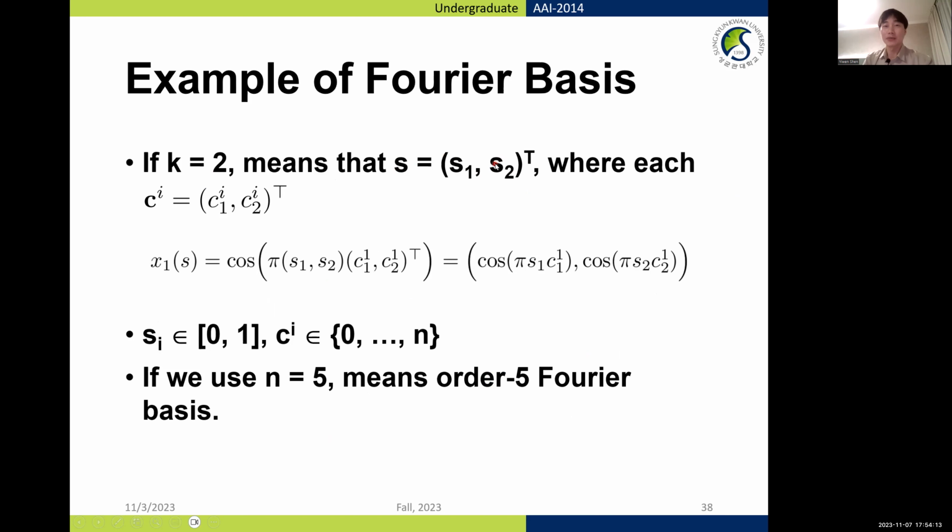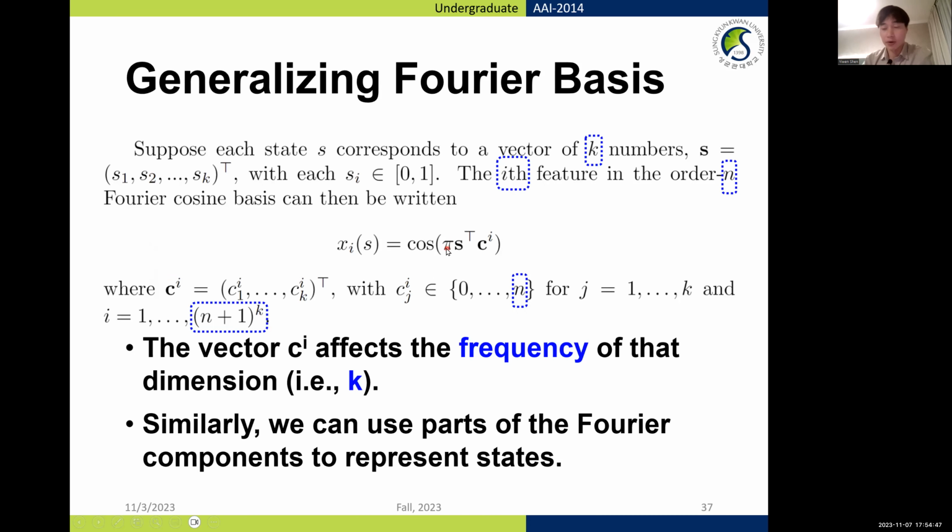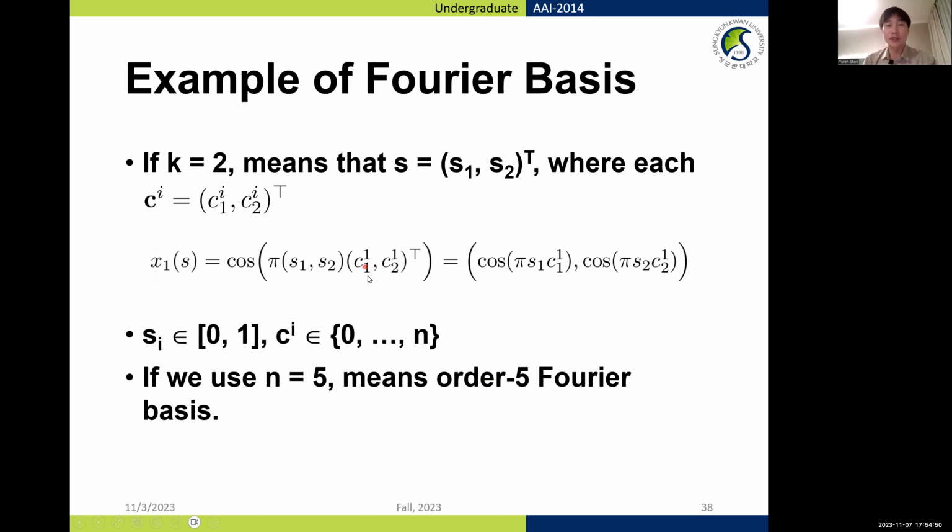A particular state is represented by these 2 states, let's say features, where each c_i is (c_1^i, c_2^i) transpose. Now we can calculate one feature: x_1(s) equals cosine of pi s_1 s_2 times (c_1^1, c_2^1) transposed.